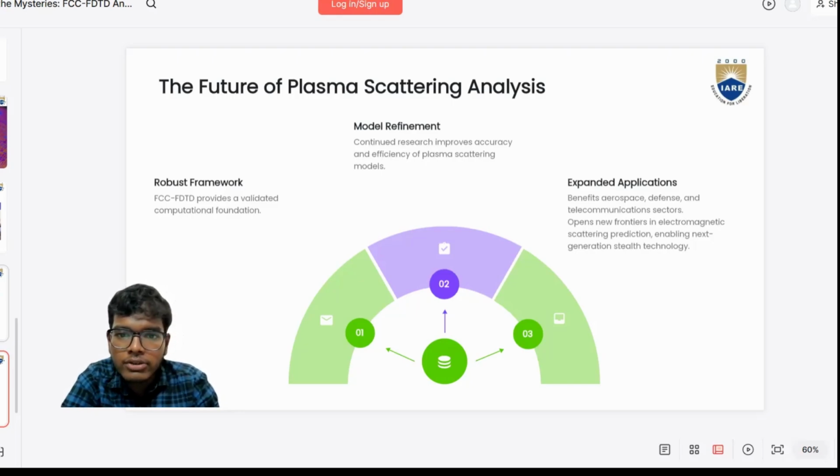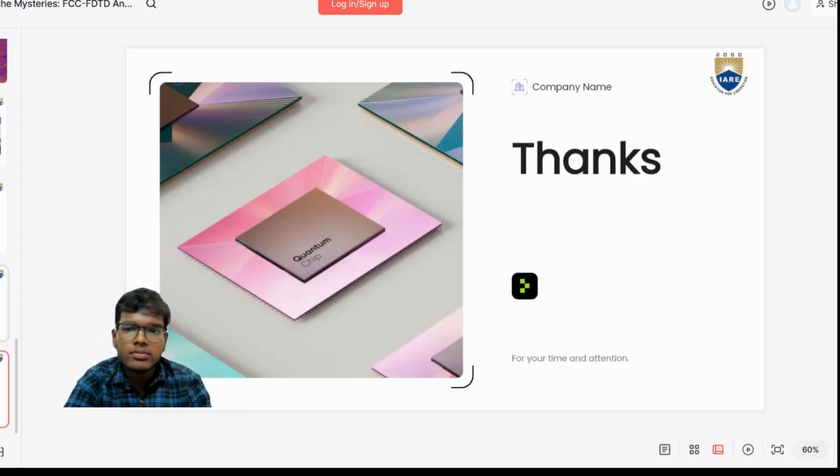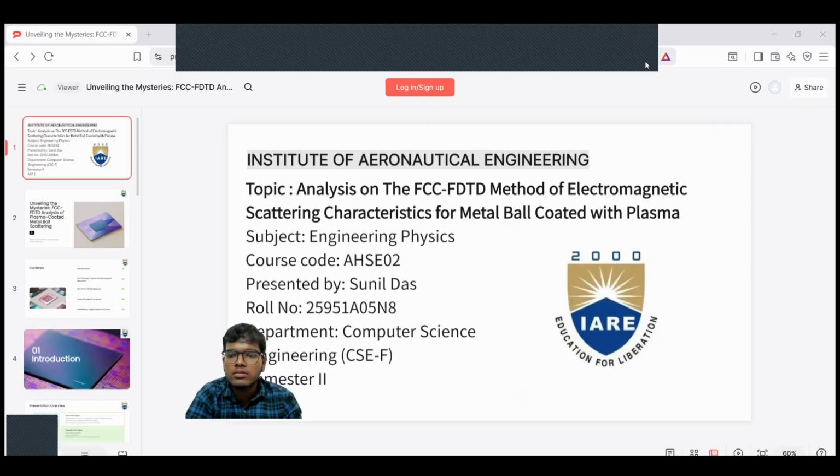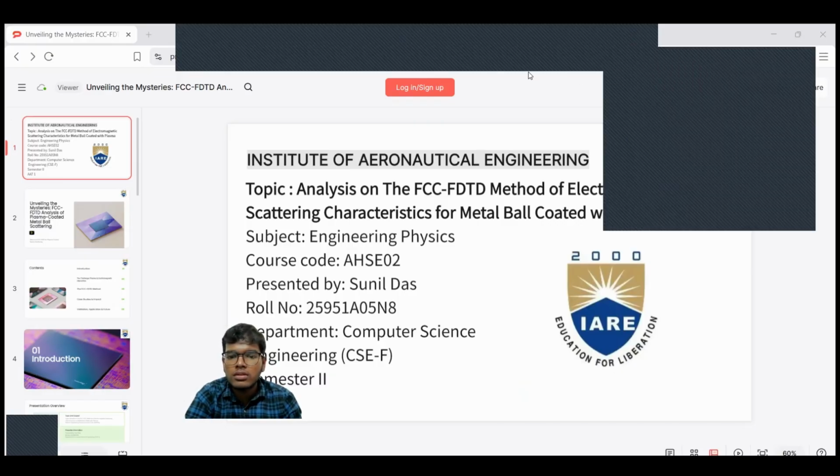Continued research improves accuracy and efficiency of plasma scattering models. Expanded application benefits aerospace, defense, and telecommunications sectors, opens new frontiers in electromagnetic scattering prediction, and enables next generation stealth technology. Thank you.